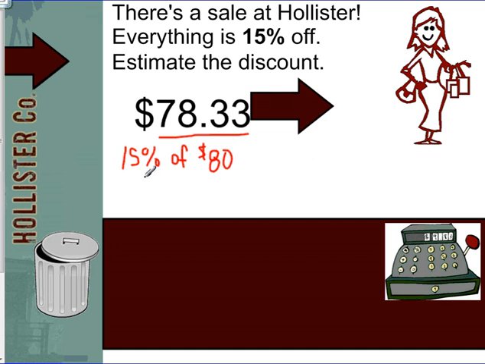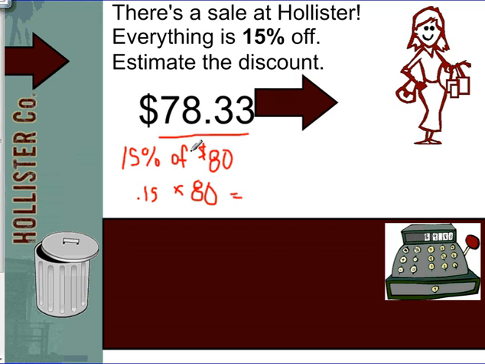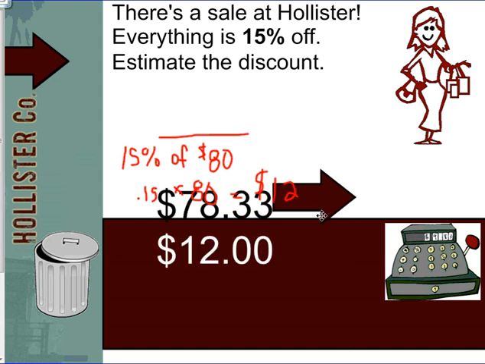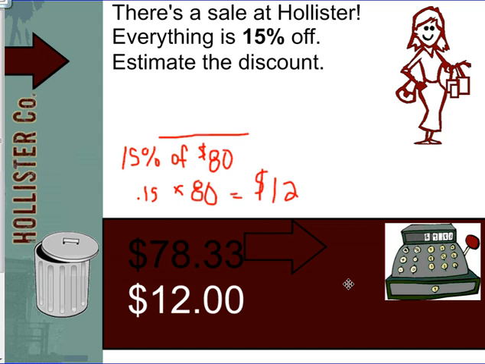So if we want to find 15% of 80, "of" is just another word for multiply. So 0.15 times 80. Multiply that out, and you would get $12. All right, so very, very simple to think about.